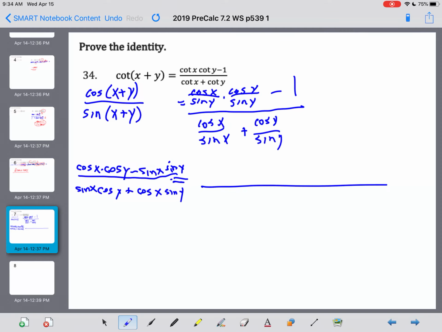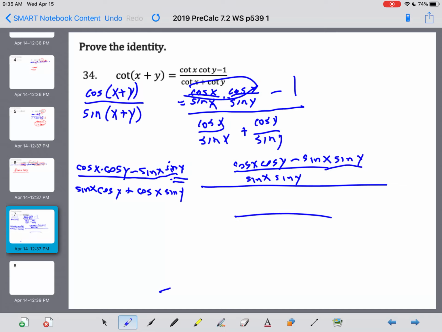Over here, though, oh, this is an x here. So first of all, I'm going to get a common denominator in the top of sine x sine y. That means I just multiply by numerators up here. So I'm going to get cosine x cosine y, and then minus 1 gets the full denominator, so sine x sine y.